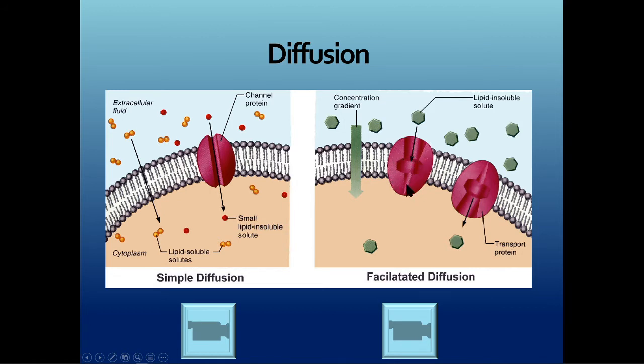These protein channels are going to help facilitate, so they make a bigger opening and allow these big molecules to move through. These allow big things which are typically lipid insoluble or charged ions, things like chloride or sodium, all those types of things have charges on them.